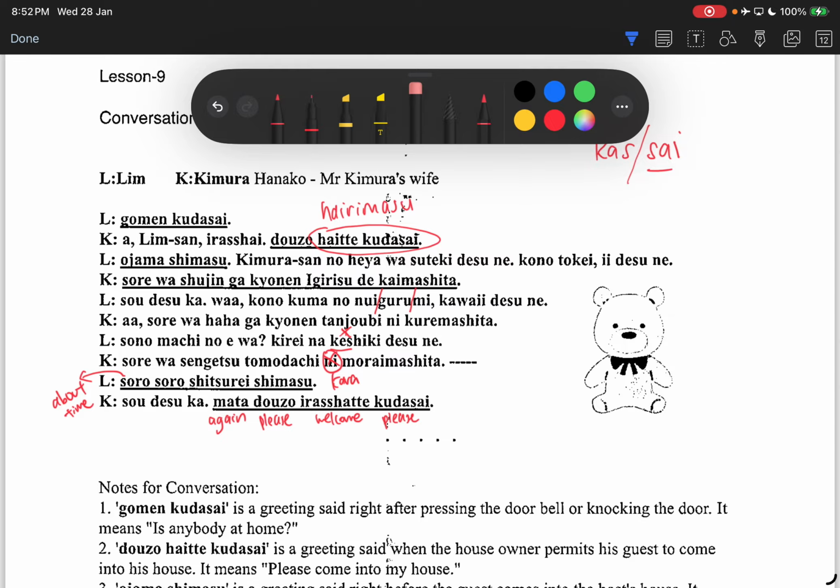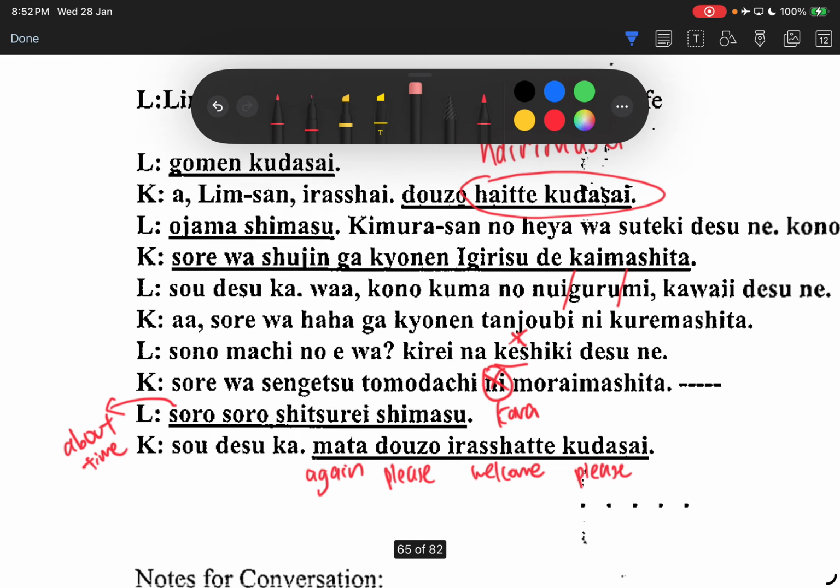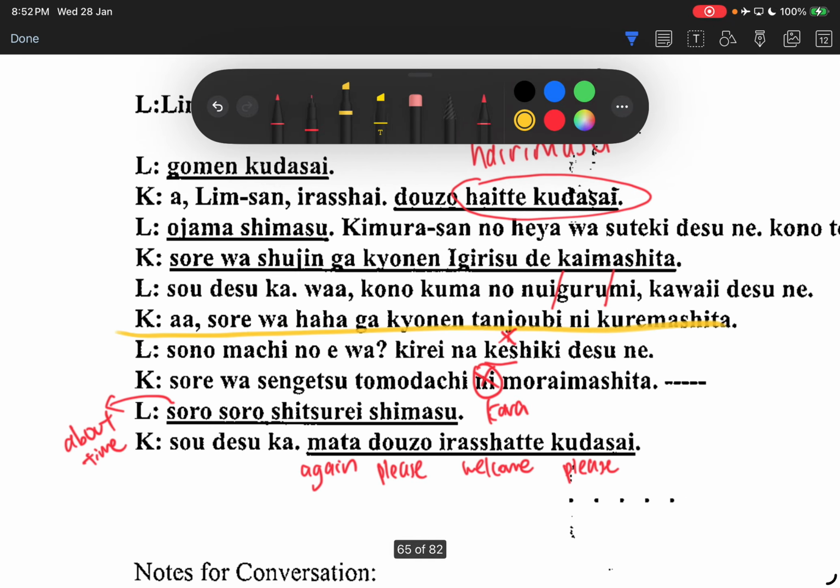I'll practice one line for you. それは母が去年誕生日にくれました。You realize after 去年 there's no particle, but I still pause there, because there's supposed to be a particle, so I take the chance to pause.